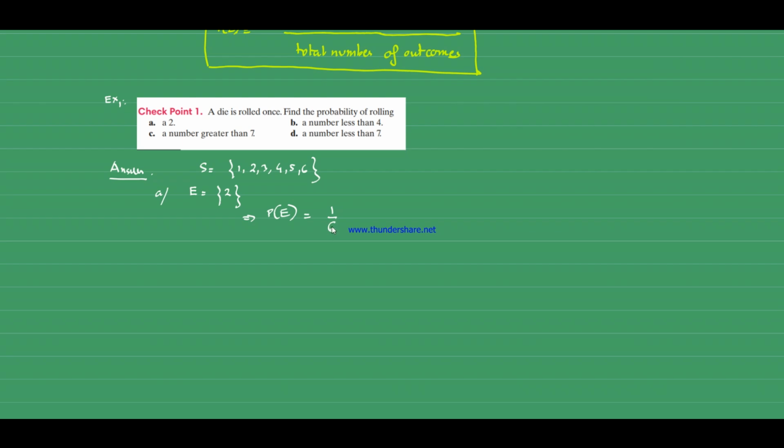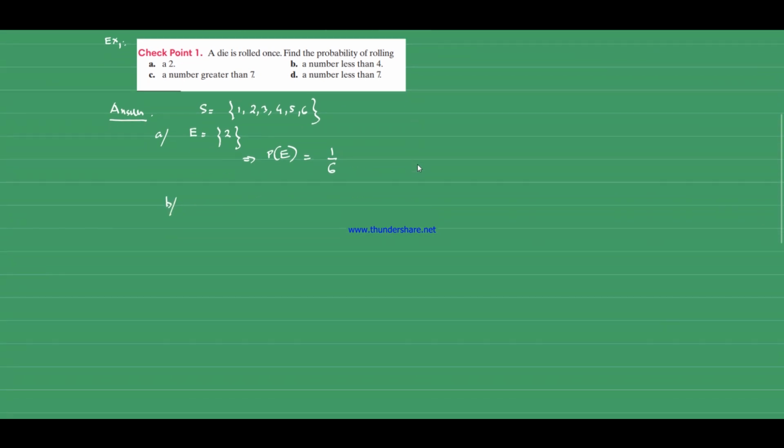So that's what it is. Now for question B, the event set is different. The event set now is not 2, but any number less than 4, so it could be 1, 2, 3.